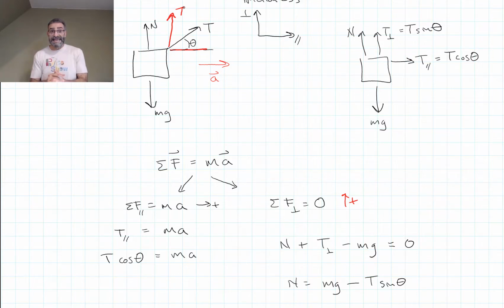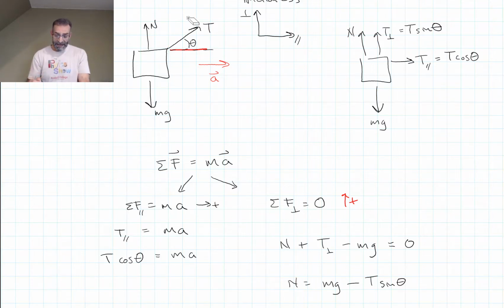If we make the tension too big, where it wants to lift the box up off the surface, well, we know a surface can't pull on something, it can only push. So at some point, if we keep making the tension force bigger and bigger, we'll lift the box up off the surface and we'll get acceleration in that direction. But let's not go there. Let's keep our box moving on the surface.